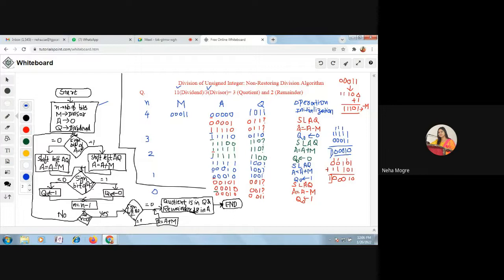So is N equals 0? Answer is yes. Okay. And check the sign bit of A. What is sign bit of A now? 0. So if it is 0, then your quotient is in Q. So this is your Q. That is nothing but 3 to the base 10.